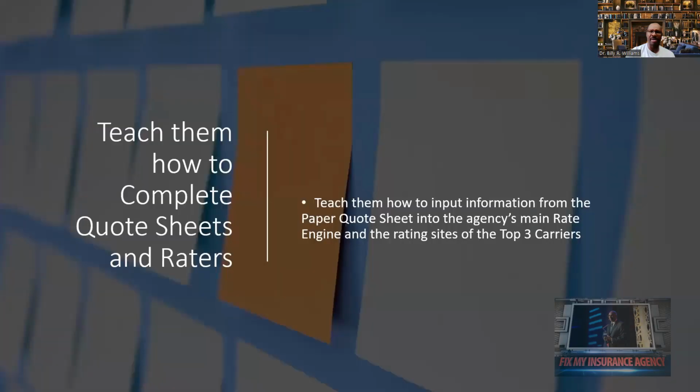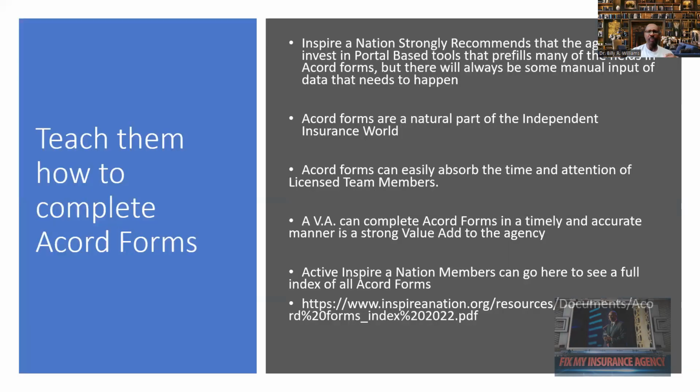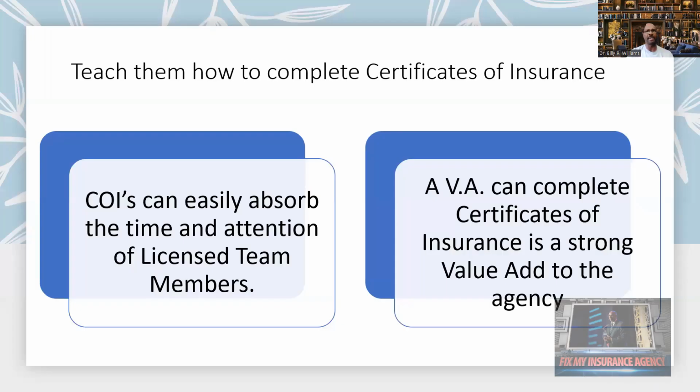Now, let me spend a little time here. We teach them how to quote, right? Then we teach them how to do ACORD forms. Then we teach them how to do certificates of insurance. I don't teach them certificates of insurance before they know how to quote and before they know how to do an ACORD form. And the reason why is now the certificates make sense when they're filling them out because they do know how to quote.